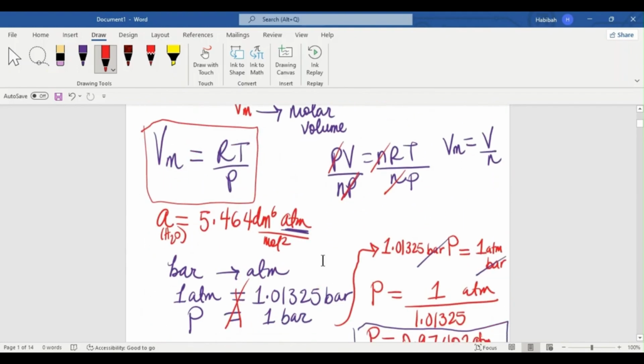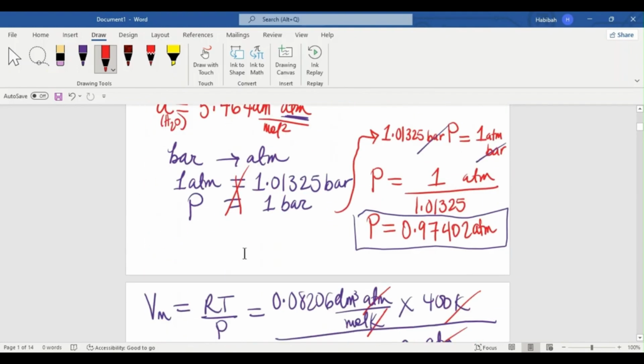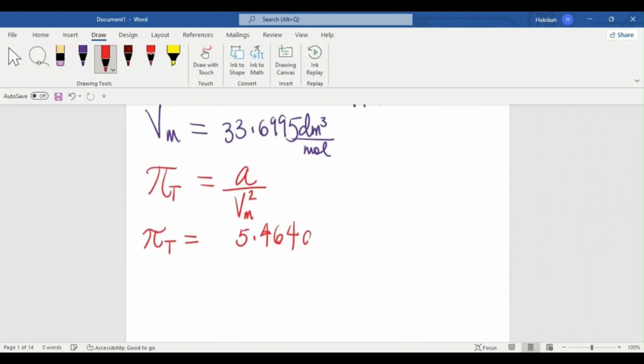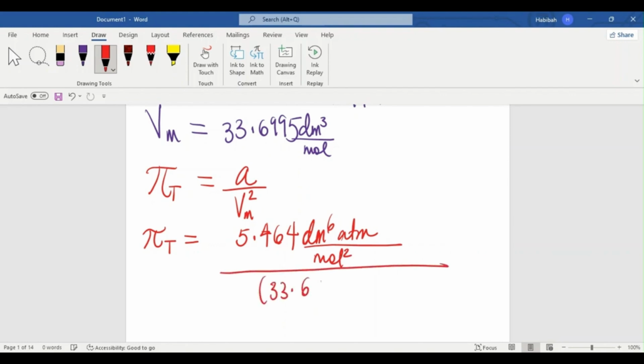So A is 5.464 dm6 atm divided by mole squared, all of that divided by 33.6995 dm cubed per mole, all squared.